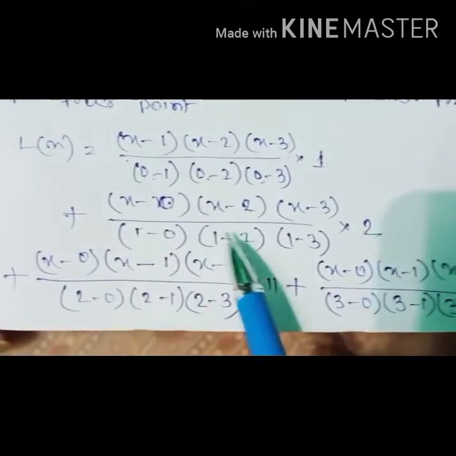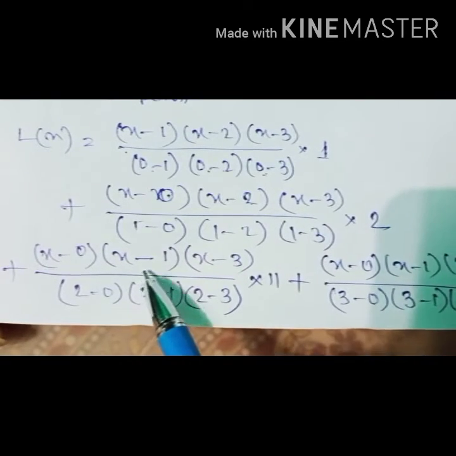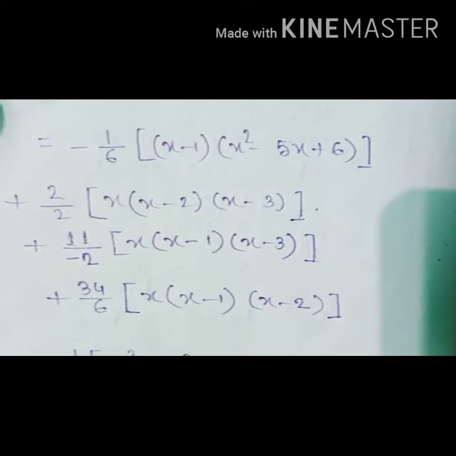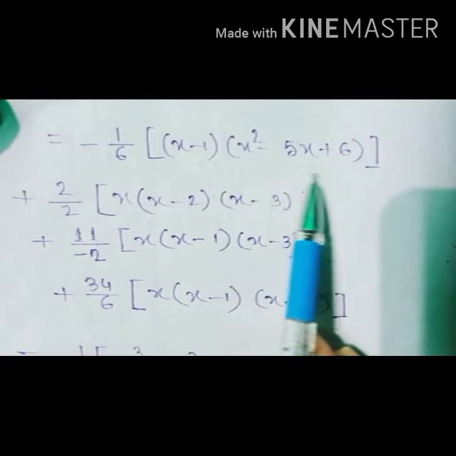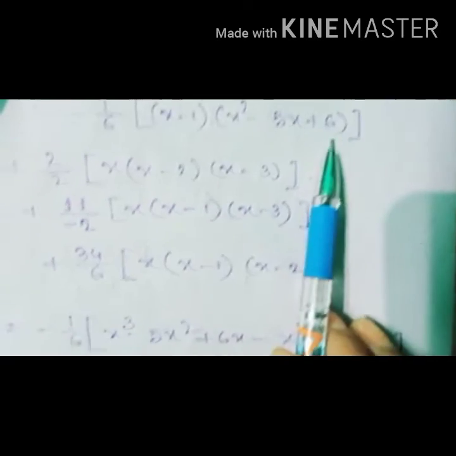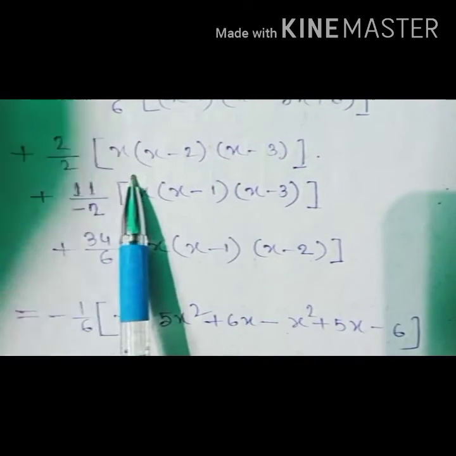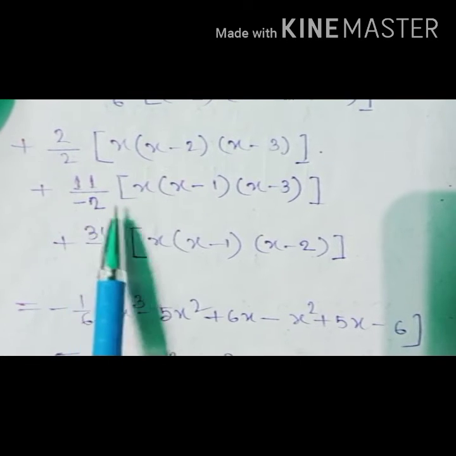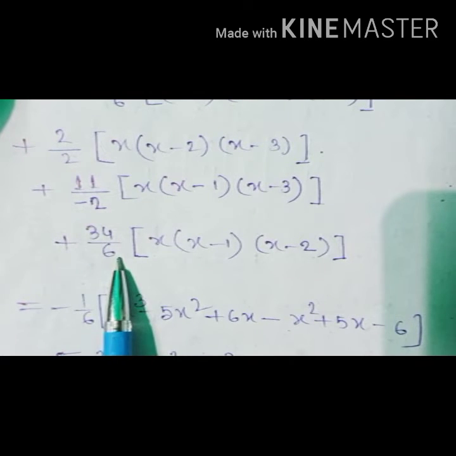Similarly, you have to calculate all the terms, and the simplified form will be: here is the first term on simplifying, the second term on simplifying, this is the third term and this is the fourth term.